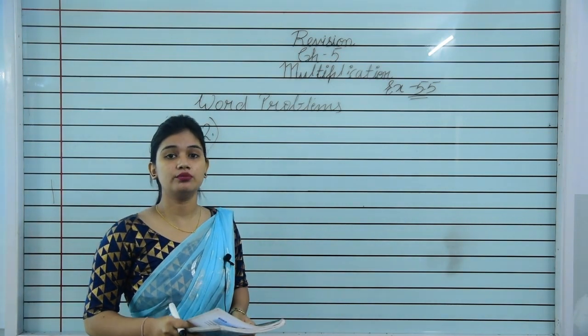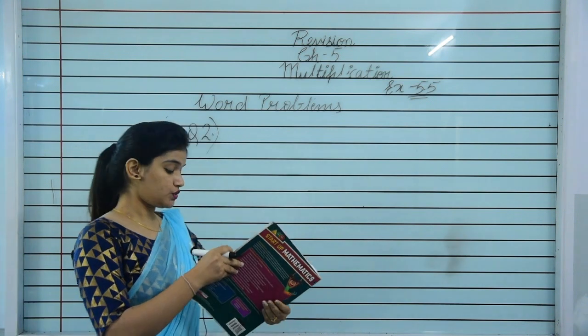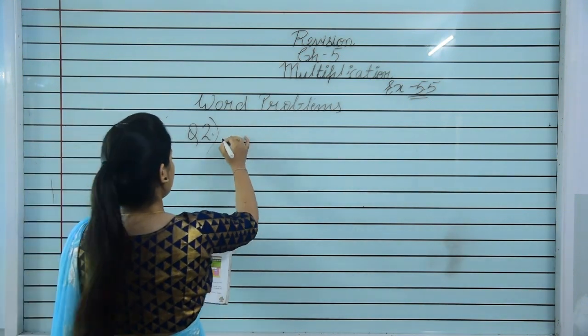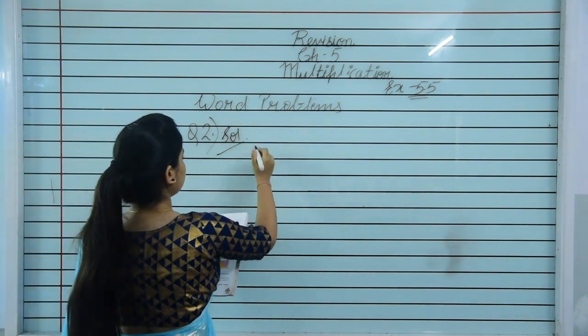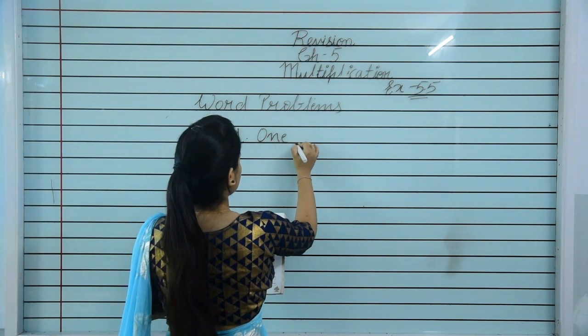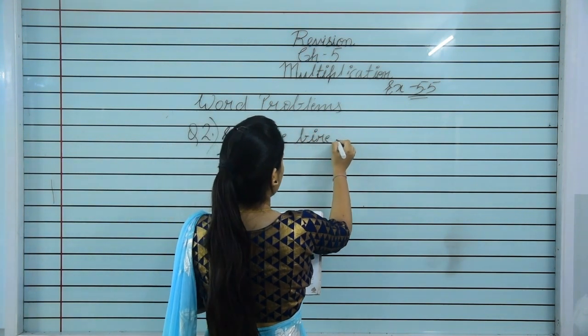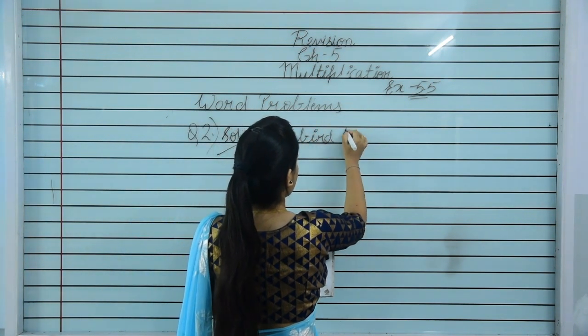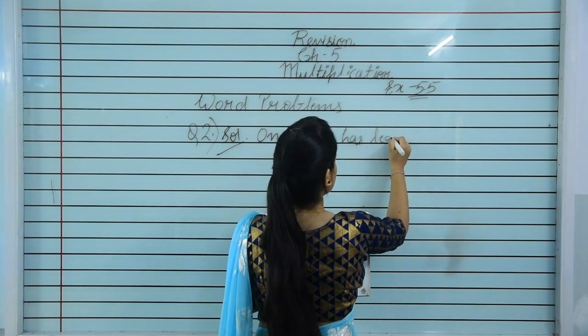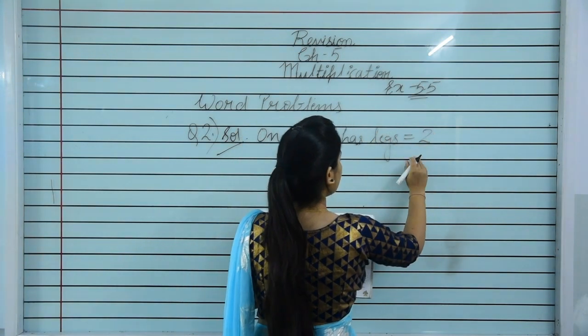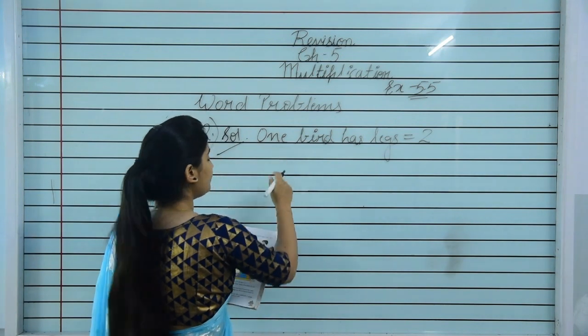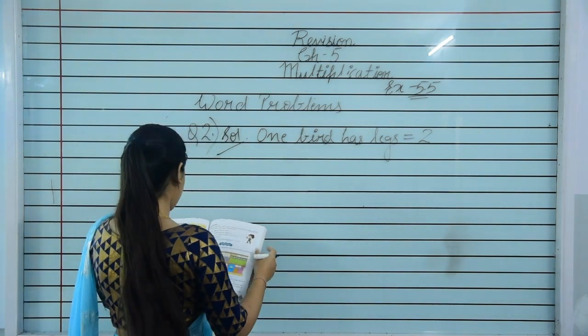Understood? So in this question what will you do? Multiply. One bird has 2 legs. How many legs? 2 legs. And we have to find for 4 birds.